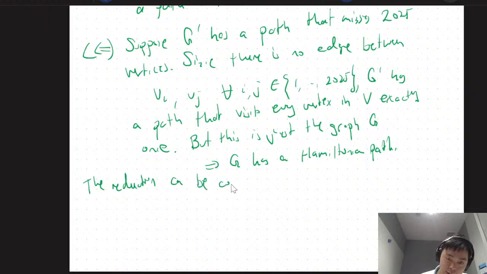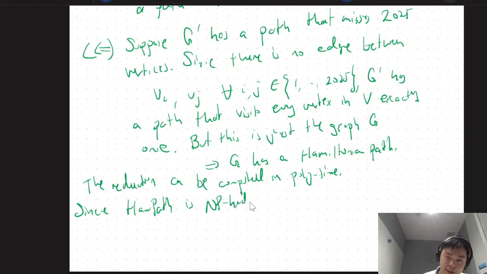So the reduction can be computed in polynomial time. And so since Hamiltonian path is NP hard, it's actually NP complete, but NP hard is usually good enough.